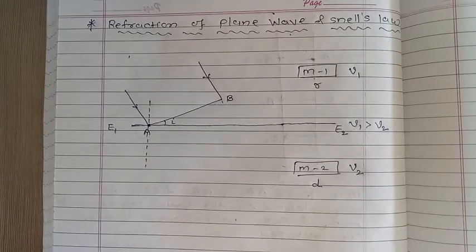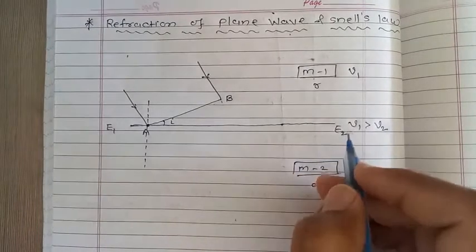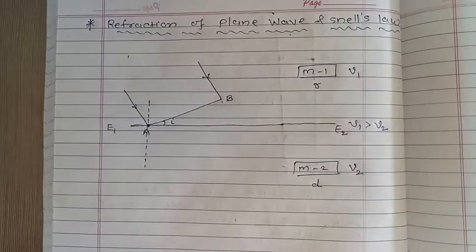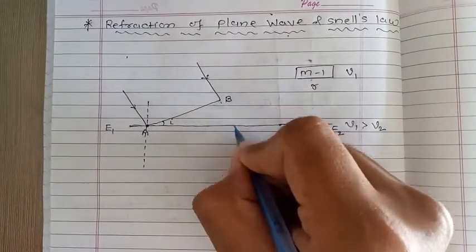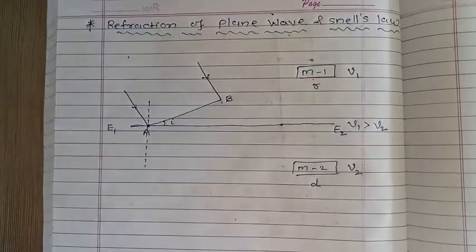So suppose we assume let the time tau be the time taken by the wavefront to travel from B to this surface E1 E2.